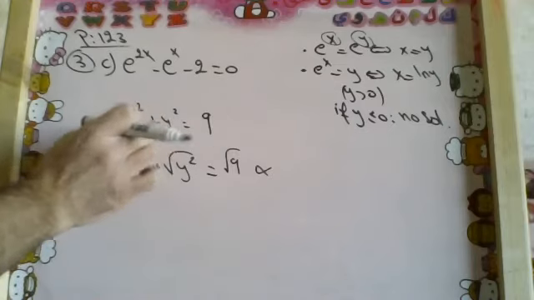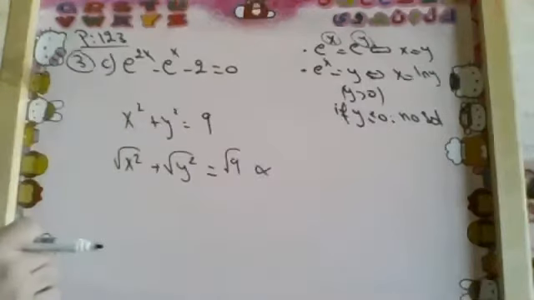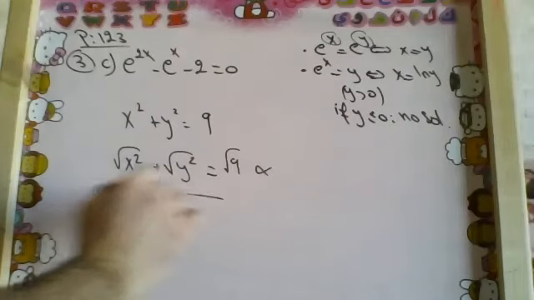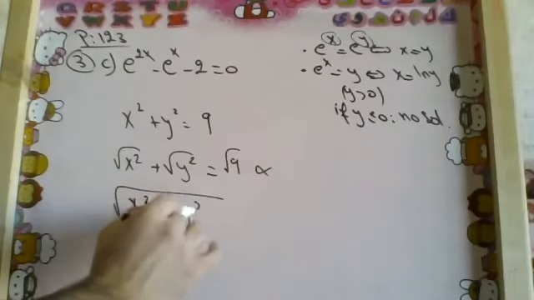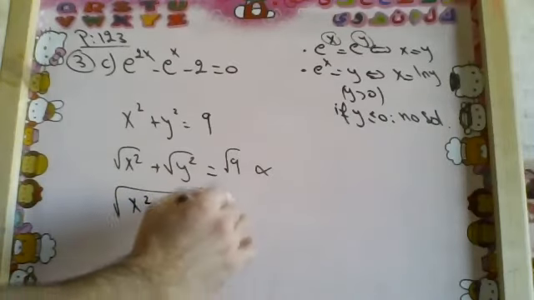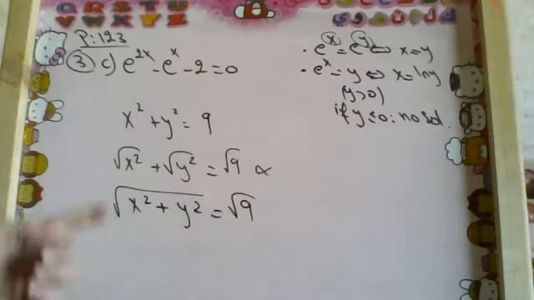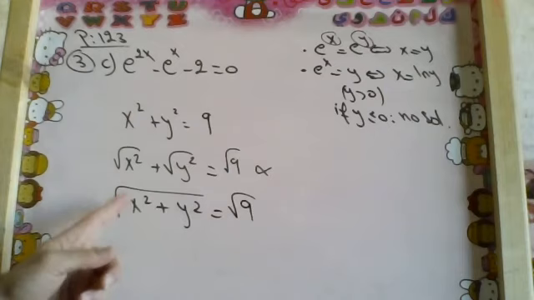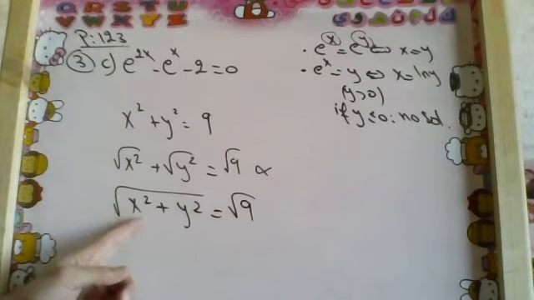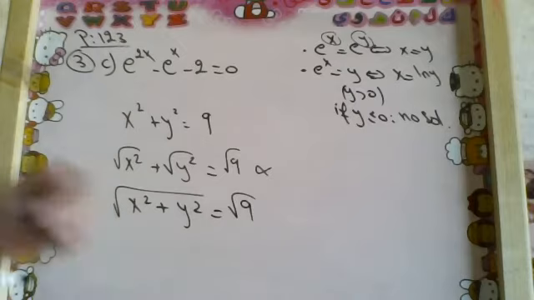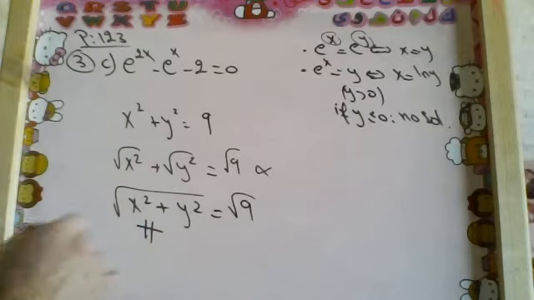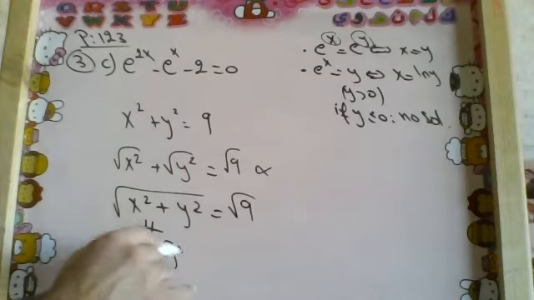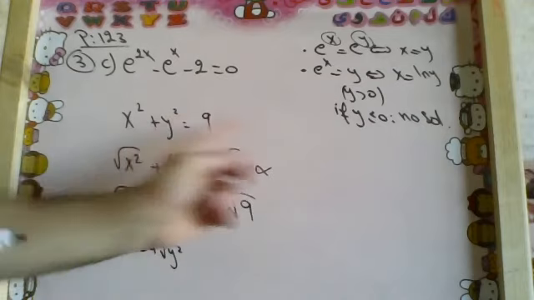When you apply radical on each side, you can say it's radical of x squared plus y squared equals radical 9. But you can't distribute the radical over addition. It is not equal to radical x squared plus radical y squared. Okay? So you can't put a radical on each one of them.